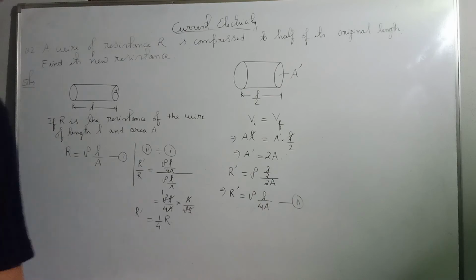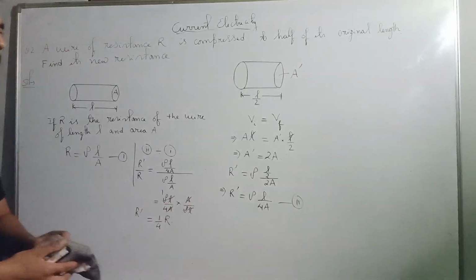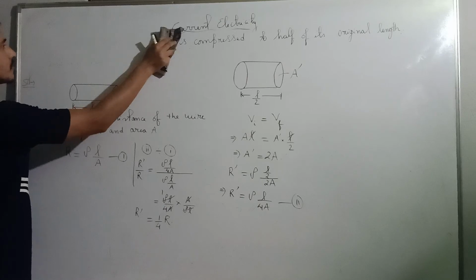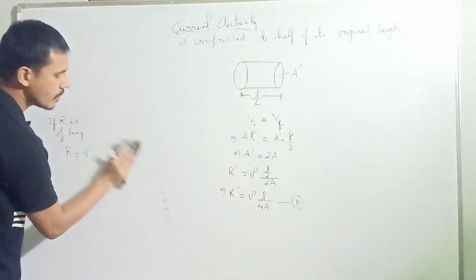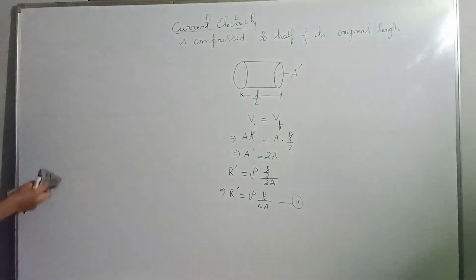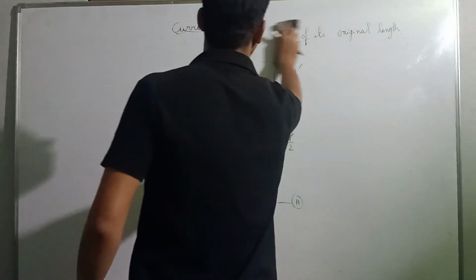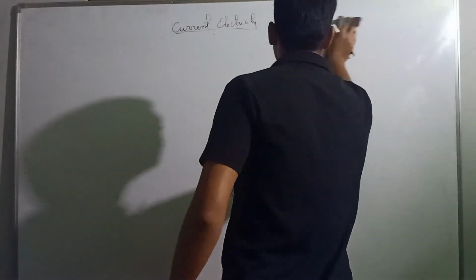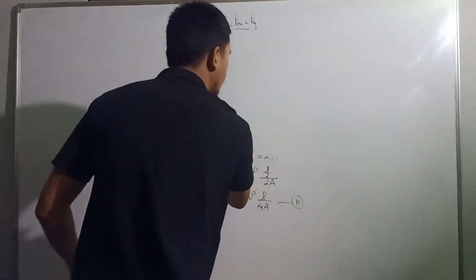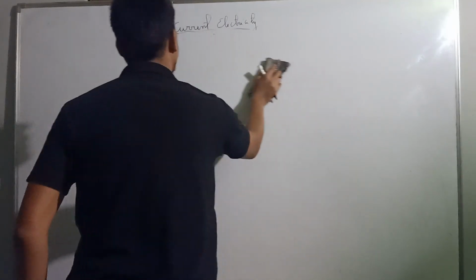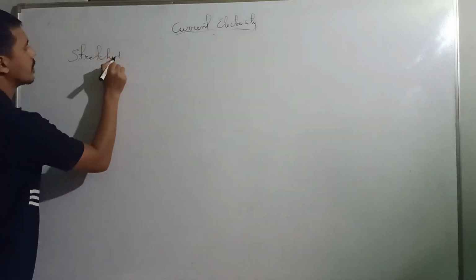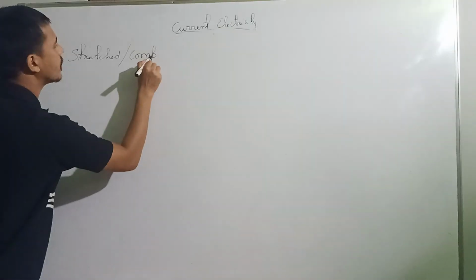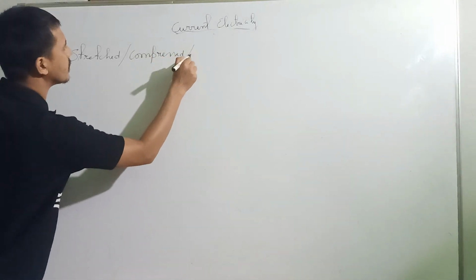Now there is a very shortcut way to solve this kind of questions. I have solved 2 questions in the long way to make you understand. Now there is a short way in order to find out the new electrical resistance, if the wire is stretched, compressed, or beaten.